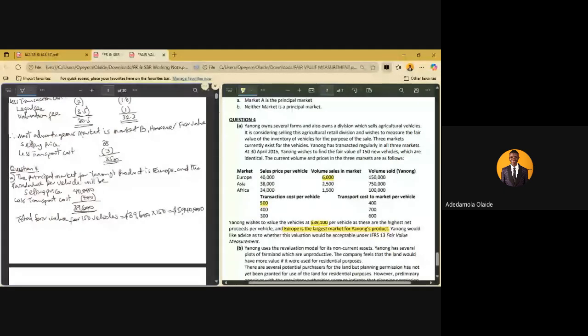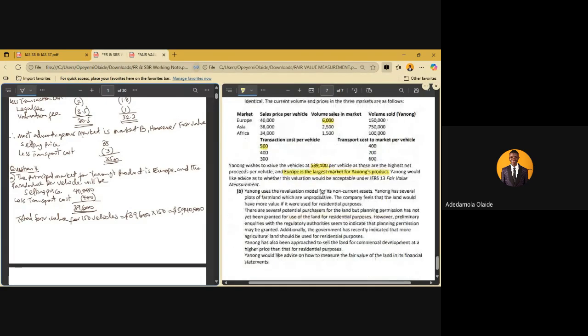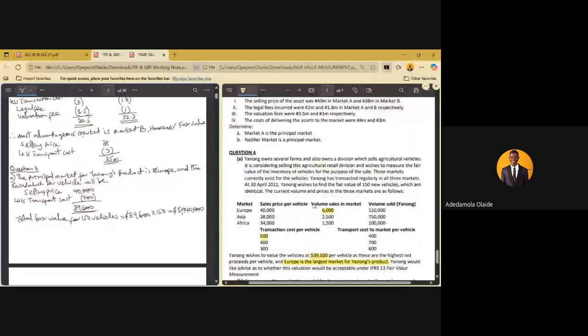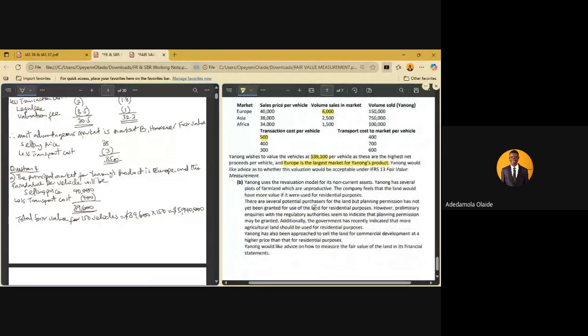So this is what they should recognize in their statement of financial position as the market value for those items. But if it's inventory, they have to compare the lower of cost and net realizable value.